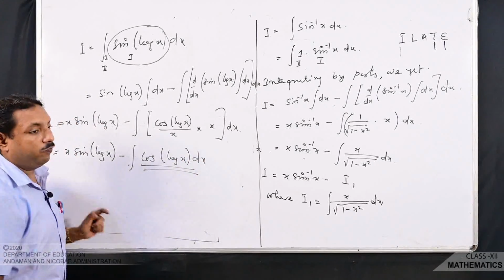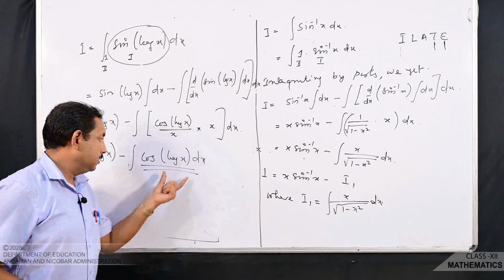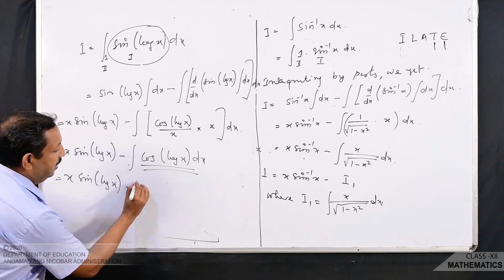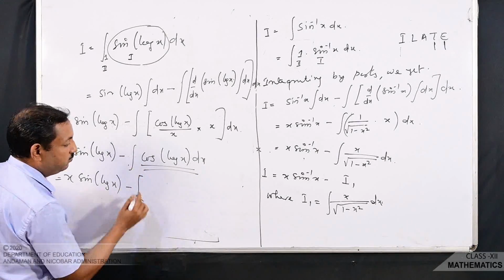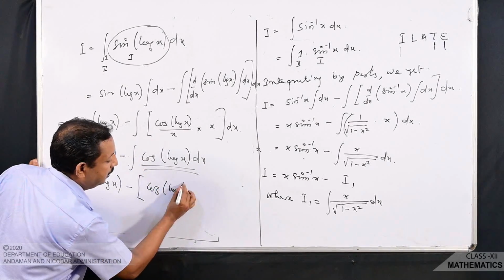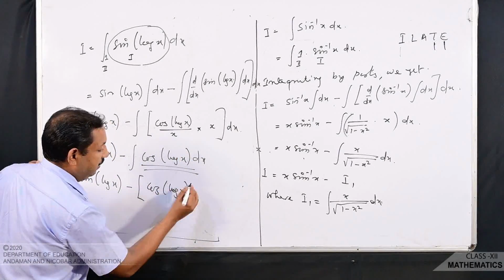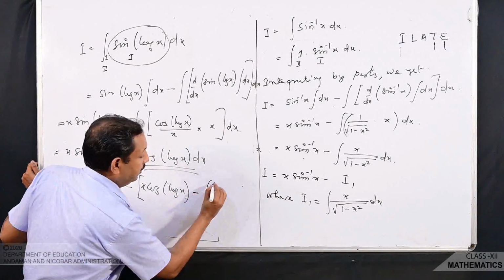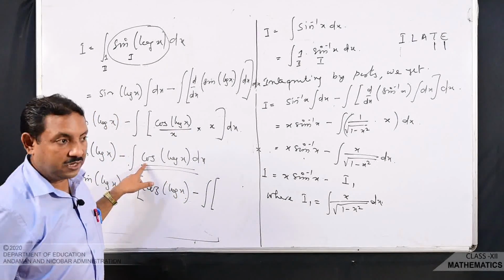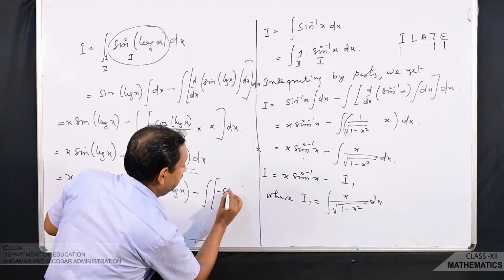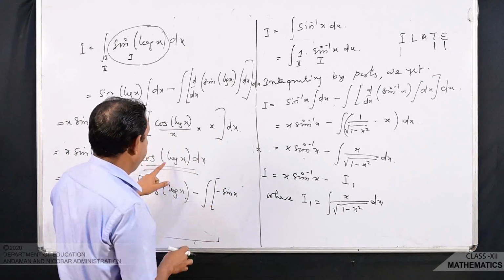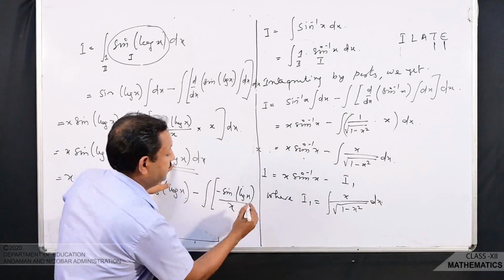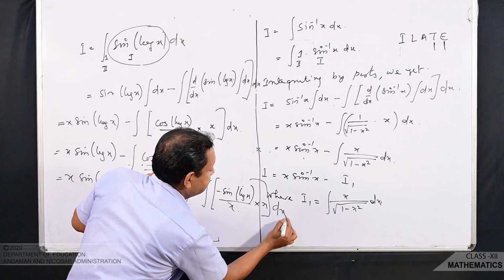Now again you have to perform integration by parts over here. That will be x sine log x minus, and again your first function is cos log of x, the integration of the second function dx is x, and minus the integration of the derivative of cos, which is minus sin, so minus sin log x times 1 by x, and the integration of dx is x.